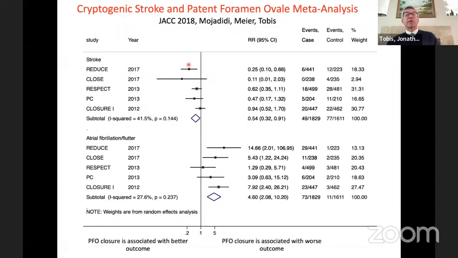In terms of atrial fibrillation, here's the meta-analysis that we did. This shows that PFO closure is preferable for preventing recurrent stroke, but that there's an increased frequency of atrial fibrillation. It's about 10 to 15%. These devices cause irritation.